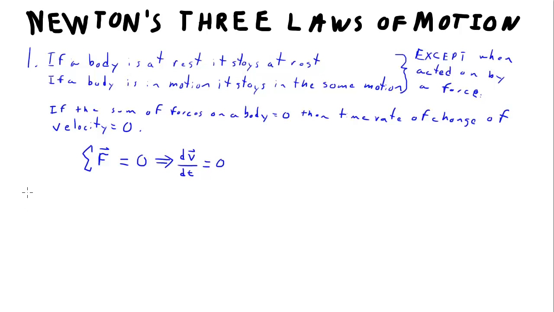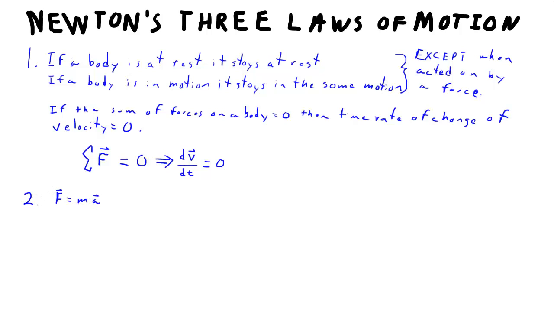Let's talk for just a second about Newton's second law. We have a tendency to just say, hey, Newton's second law is F equals ma, right? So let's just write it: F equals ma.